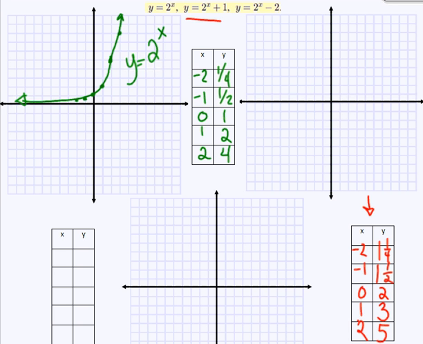So then we can graph each of those points. We've got negative 2, 1 and 1/4. We've got negative 1, 1.5. We've got 0, 2, 1, 3, and 2, 5.